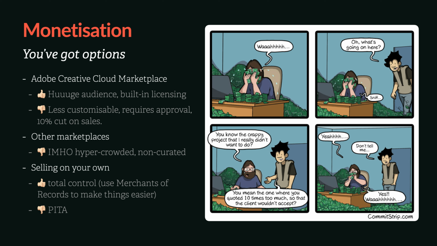They do everything for you. They send you the check, and then you invoice them. So it's them who sell your product to people in the world, and that's awesome. On the downside, selling on your own is a huge and majestic pain in the butt. You have to deal with a lot of things that you would rather avoid.